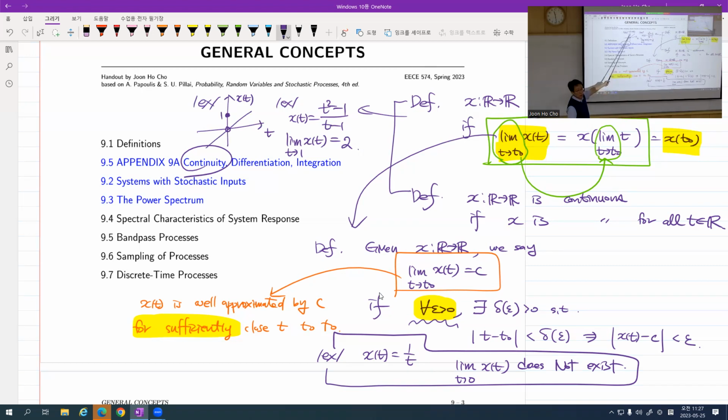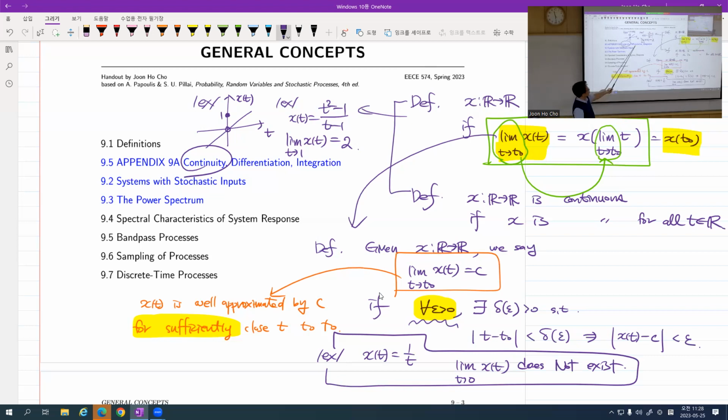Then what happens? For t sufficiently close to 0, the function value is close to 0. However, that is different from the function evaluated at 0, which is 1. So that is the notion of continuity.